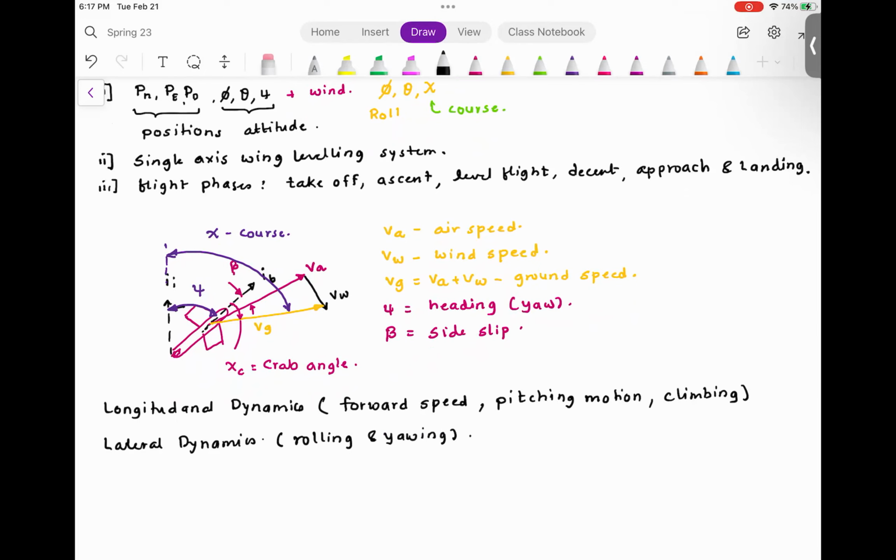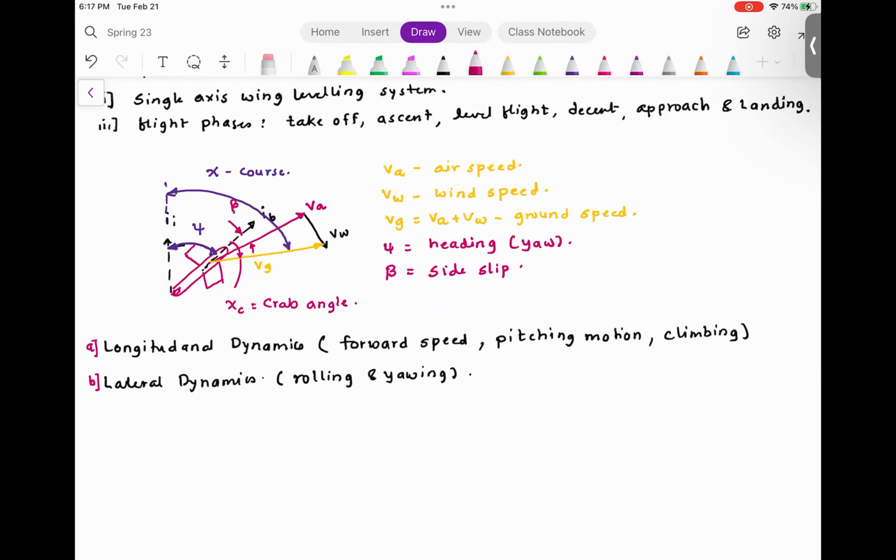So what I'm going to do is somehow independently control these dynamics and independently control those dynamics. And in the rare event that in some flight regimes the aircraft is transitioning, then I would design some type of a coupling.